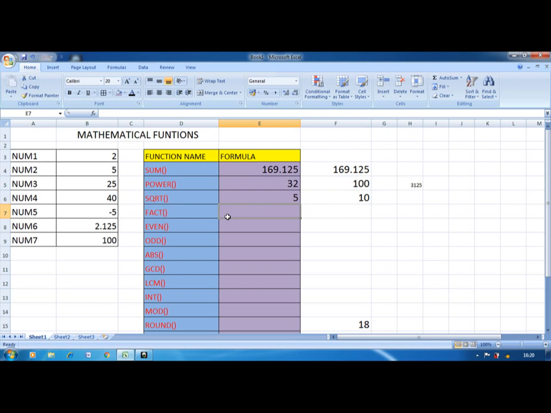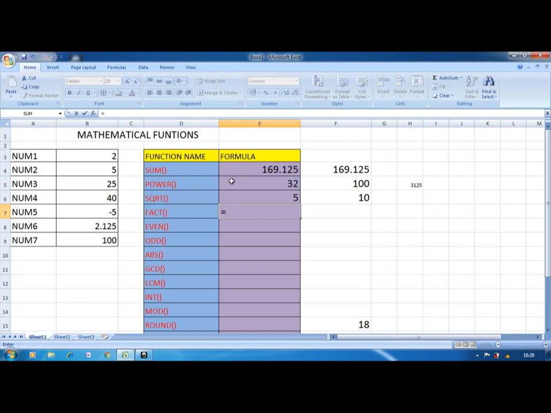Next one is FACT. I think all of you know the factorial. Fact is used to find the factorial of the given number. What is the factorial of 5? Factorial of 5 is 5 into 4 into 3 into 2 into 1.